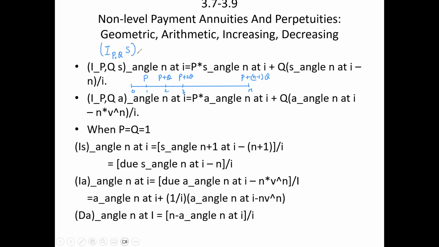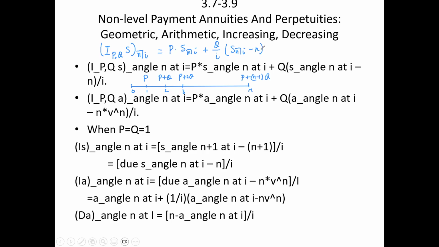And sub n is the total number of time periods. Then this I is the interest rate. And the formula is P times s angle n at rate I, and then you have Q over I times (s angle n at rate I minus n).